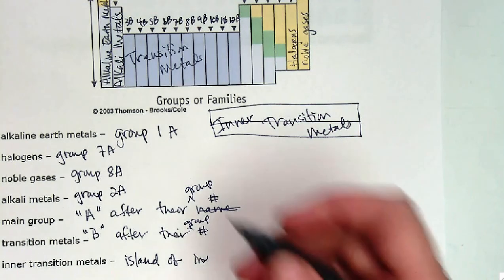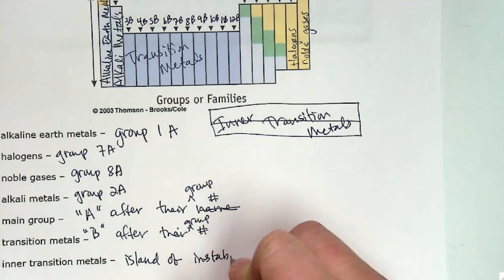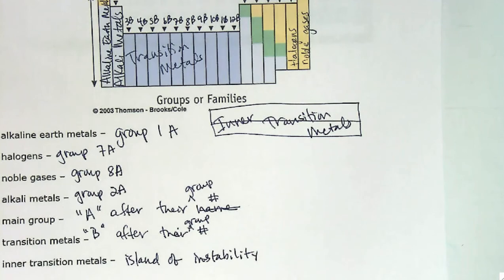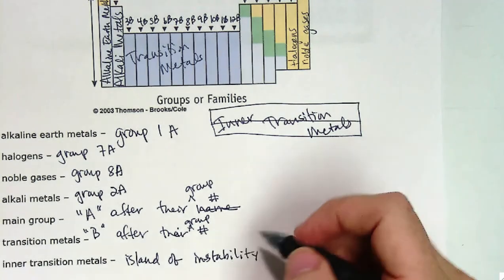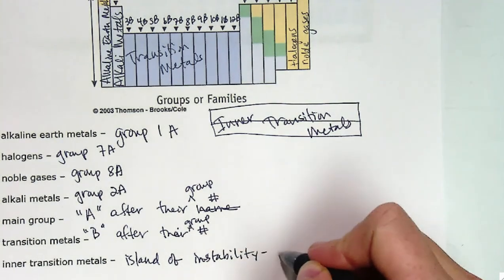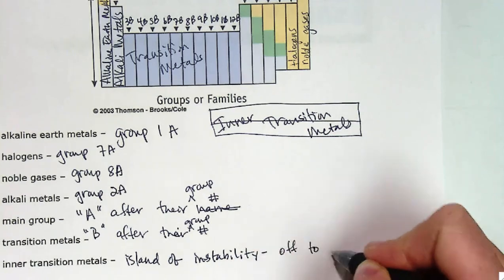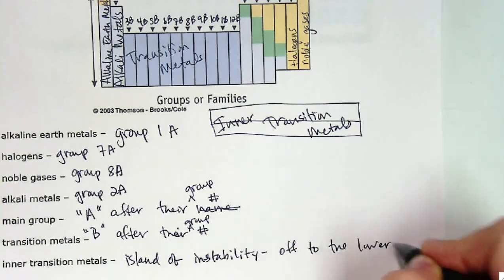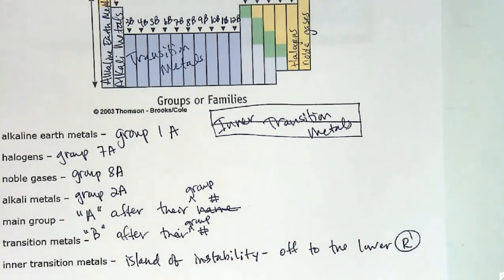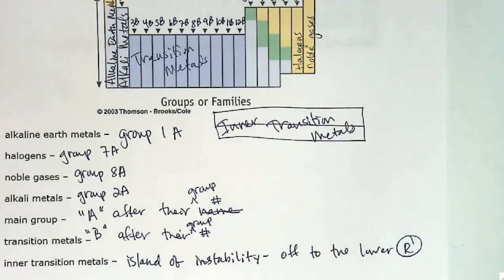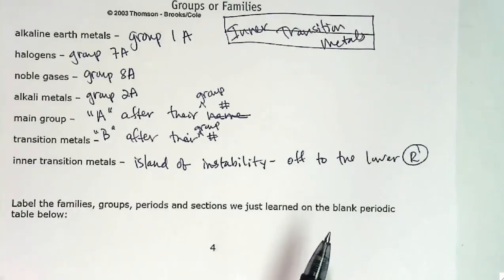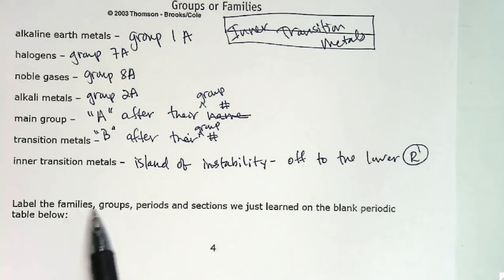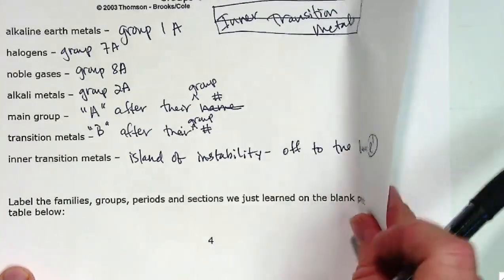Okay, so the island of instability is off to the lower right. All right, so I have these instructions. I should have gone on to page 5. Label the families, groups, periods, and sections we just learned on the blank periodic table below.